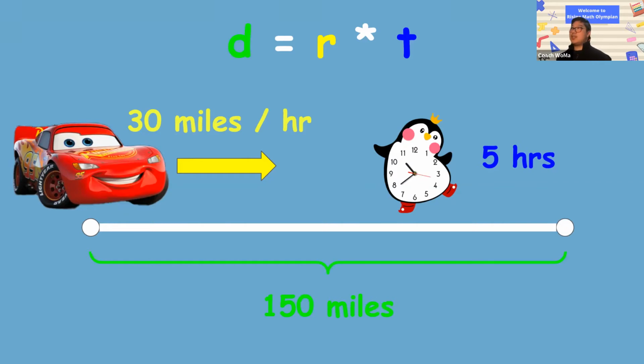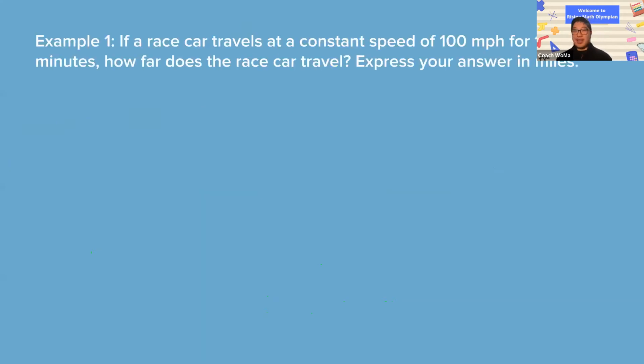So does it make sense what this formula is saying? You can give me a thumbs up, thumbs down, thumbs sideways. Okay, cool. So now that everyone is an expert, let's do a problem.